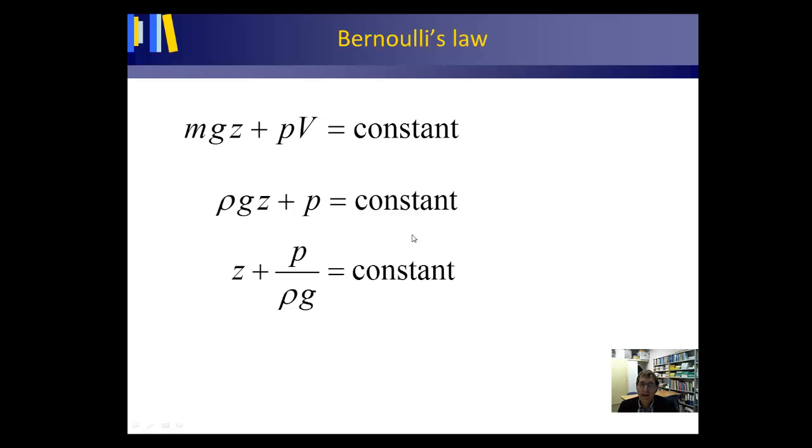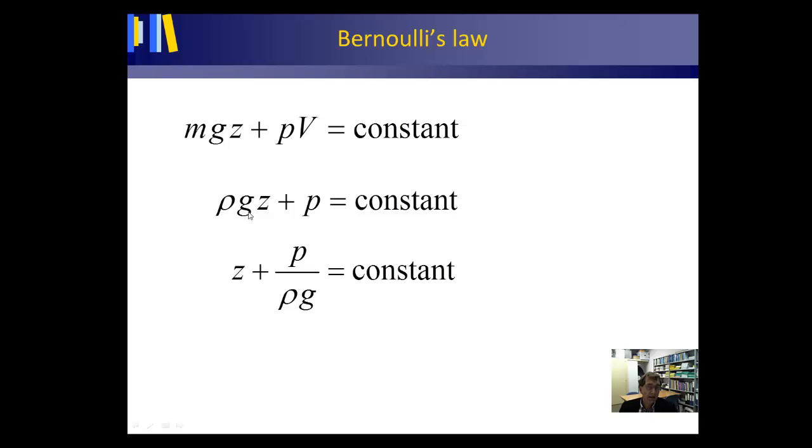We can simplify it even further. What we can do is divide by the density, because fresh groundwater has a constant density of 1000 kilogram per cubic meter, and we can divide by the acceleration due to gravity, because that at a certain location is also a constant.